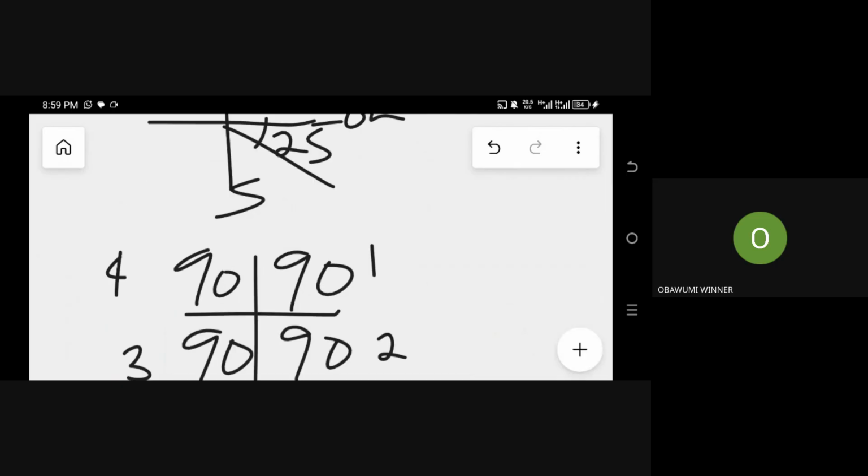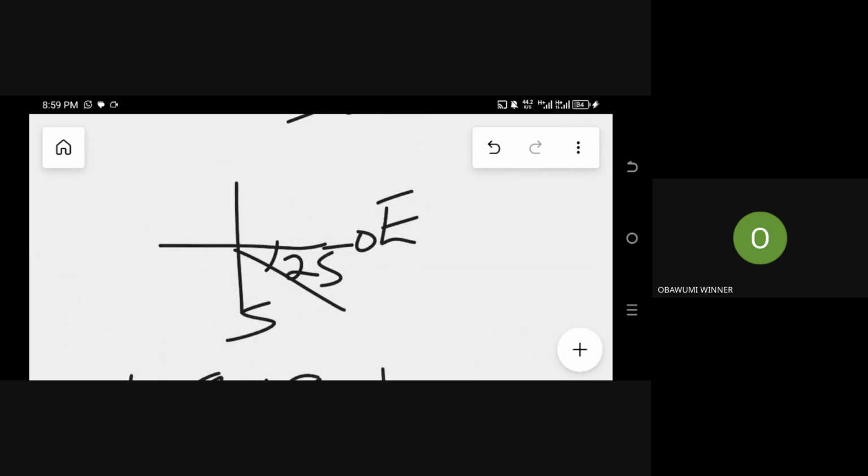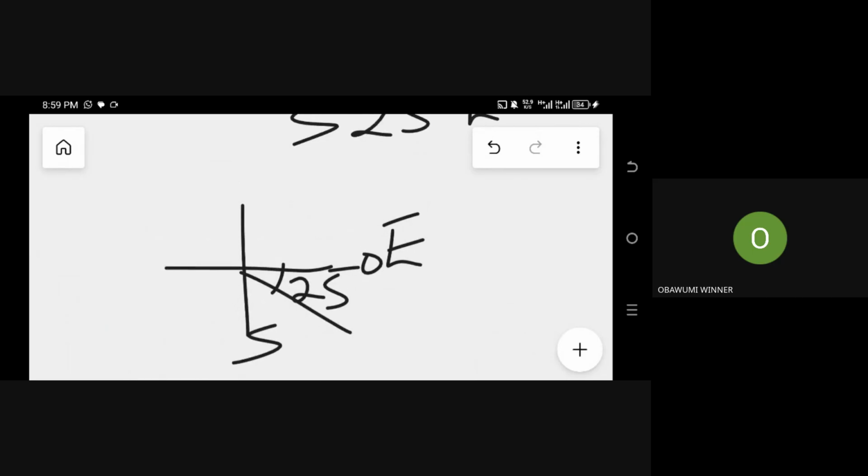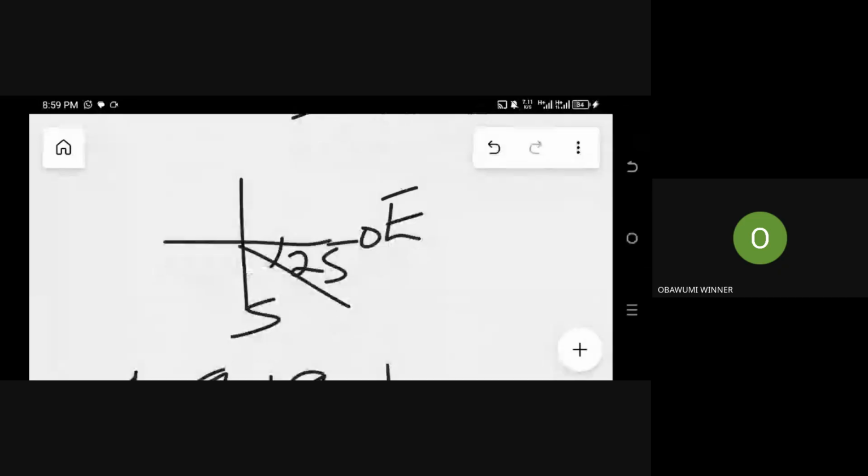Now, if this angle here is 25 degrees, which is not touching the south, what is that balance angle that can touch the south such that it completes 90 degrees?